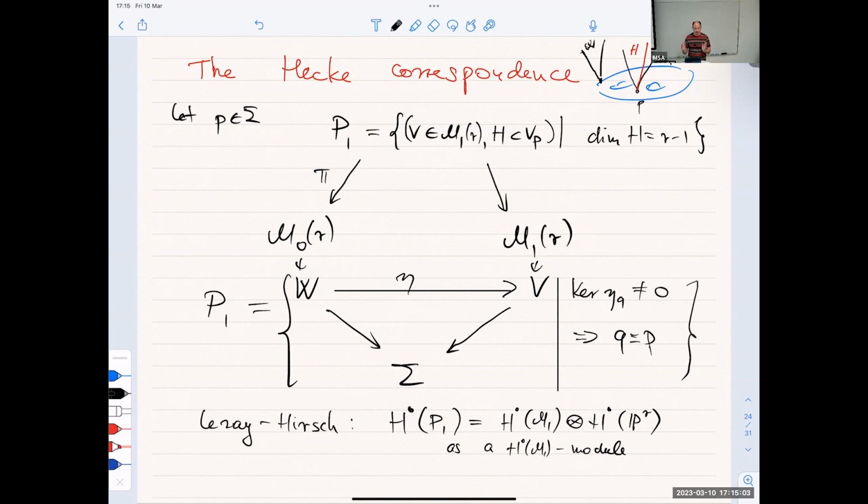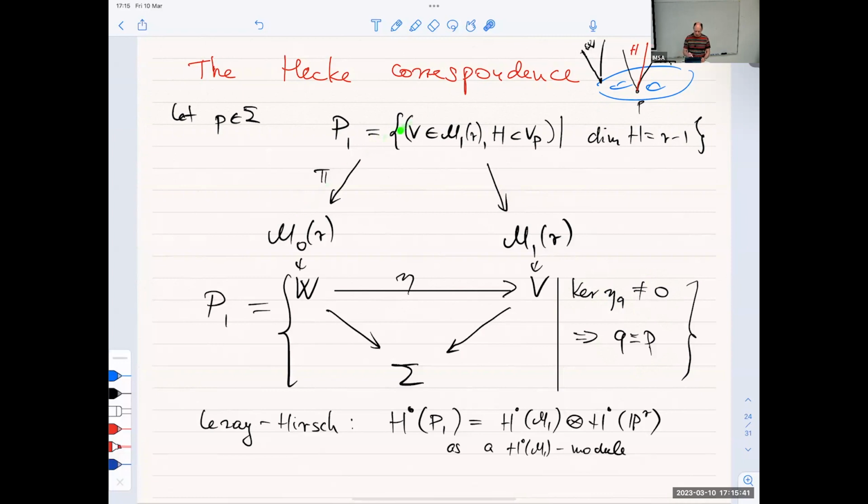It's always of rank R over every point, except for this point P. And at this point P, the image of W is precisely this H. So the idea is that the kernel of this map eta for every point Q of the surface Sigma is always 0, so it's always an isomorphism of vector spaces, except for the point P. There it's codimension 1. Okay, so that's the correspondence. There's another way of saying this, but that's the idea.